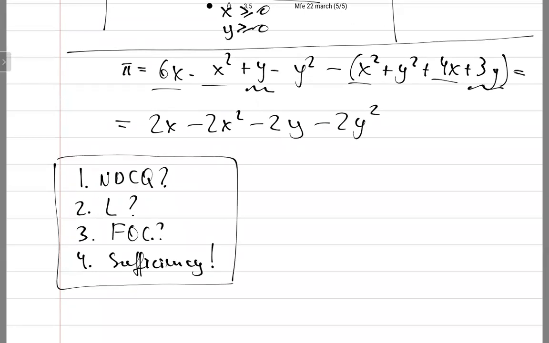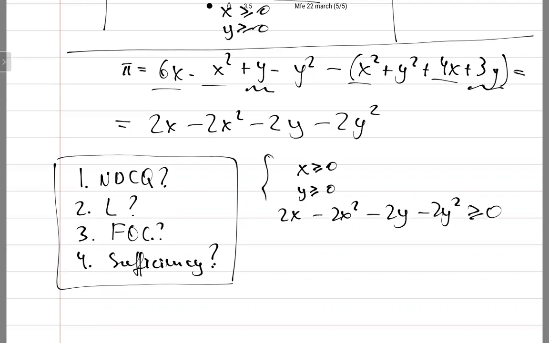First, in NDCQ, I have three constraints: x greater than 0, y greater than 0, and 2x minus 2x squared minus 2y minus 2y squared greater than 0.